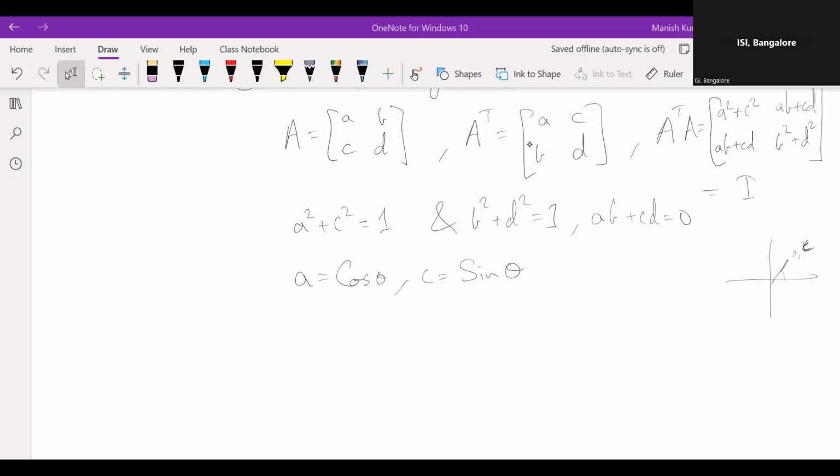B and D are also of that kind, but we also want (A, C) to be orthogonal to (B, D). Then what should we do?